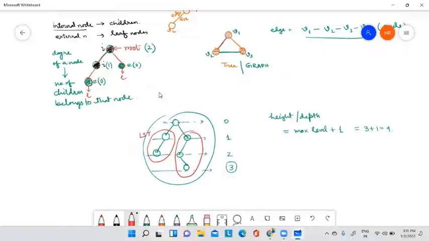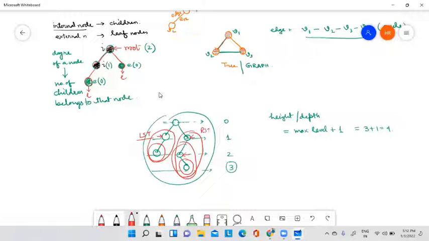Similarly, for this particular node, this is the left subtree and there is no right subtree. For this node, this is the left subtree, and for this node, this is the right subtree. So a tree can be partitioned into different subtrees, each of which is itself a tree. That's why they are called left subtree and right subtree.